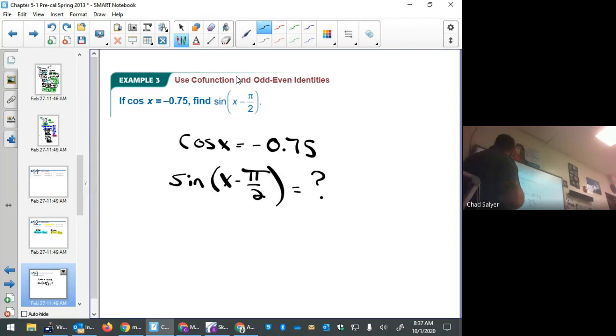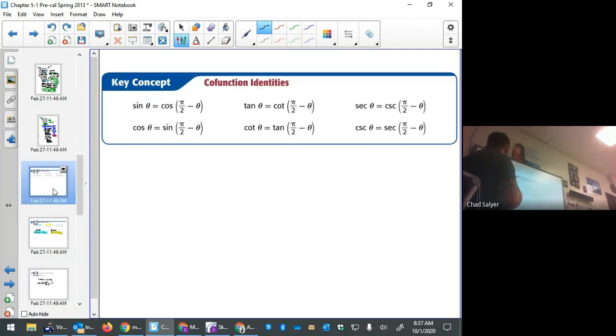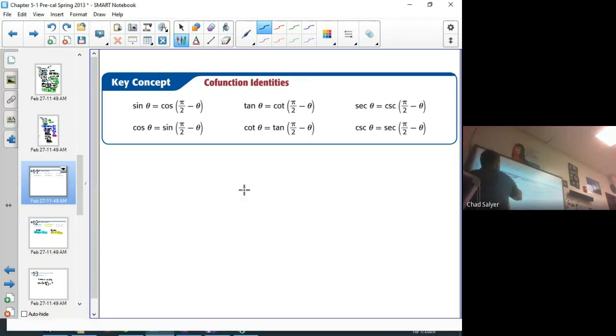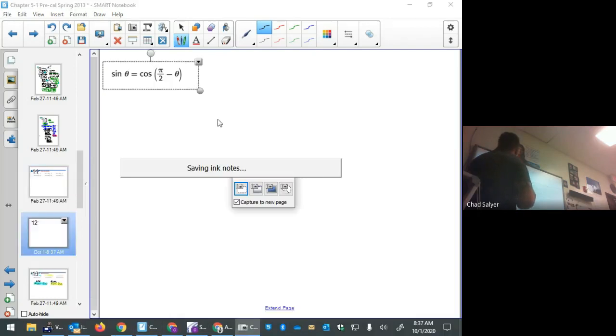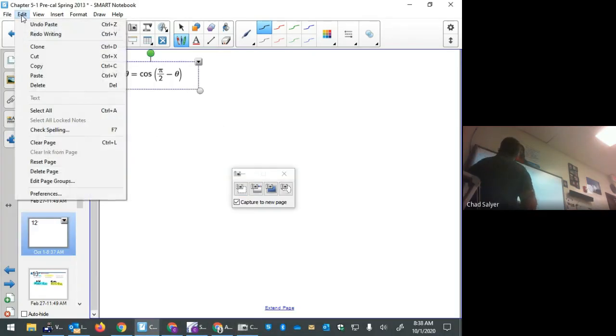And if we use our identities that we were just presented with, remember that the sine of theta is the cosine of pi over 2 minus theta. So we'll use that one.